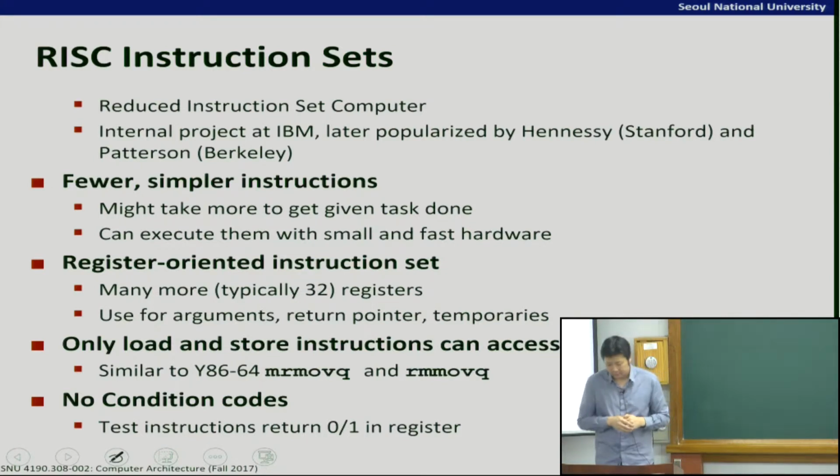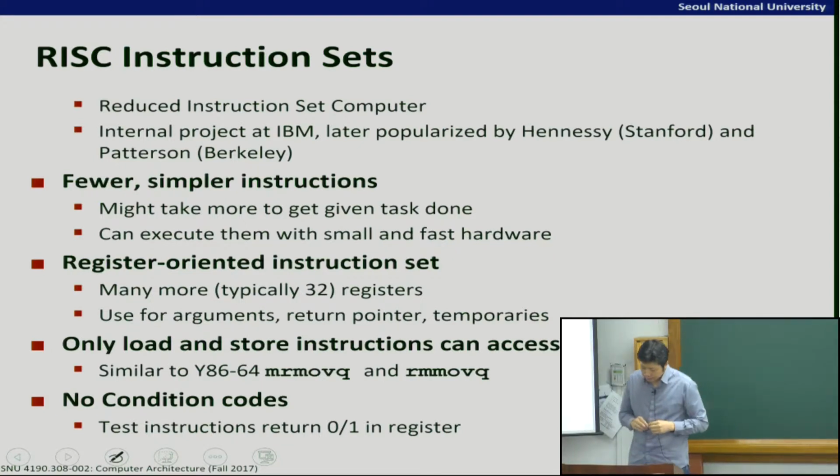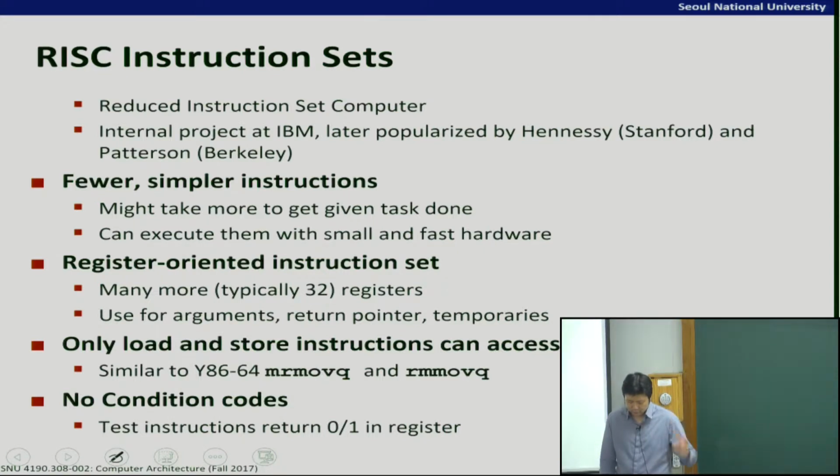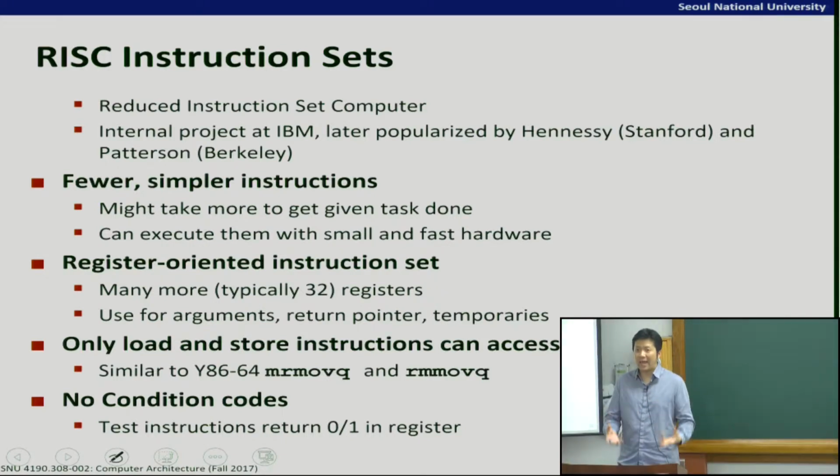Also, RISC architectures are generally register-oriented instruction sets, so they generally have many more registers than their CISC counterparts. For example, they use registers for arguments, return pointers, and temporaries. But in a typical CISC architecture, they use the stack instead of registers. Only load and store instructions can access memory.